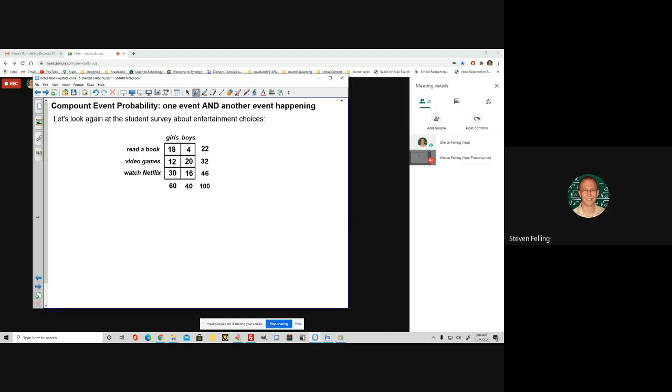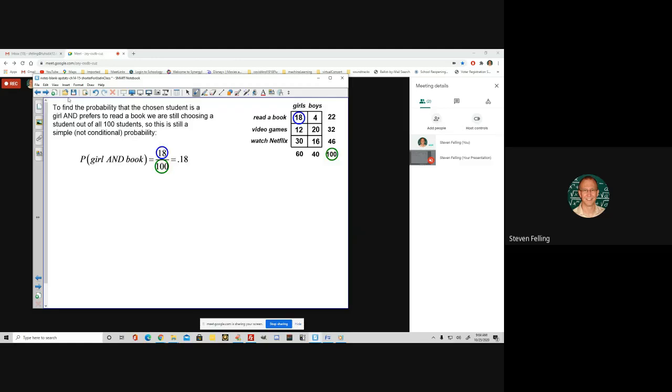And maybe we would want to ask a question here. To find the probability that a chosen student is a girl and prefers to read a book, right? We could do that by considering that to be just one event, not considering that to be two separate events, girl and book, but girl and book as a single event.